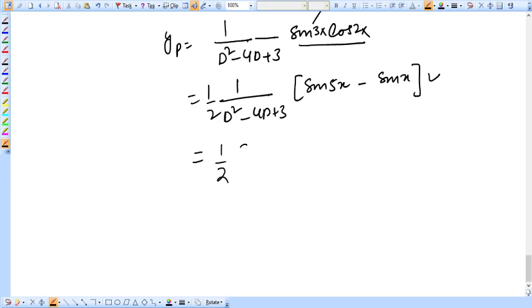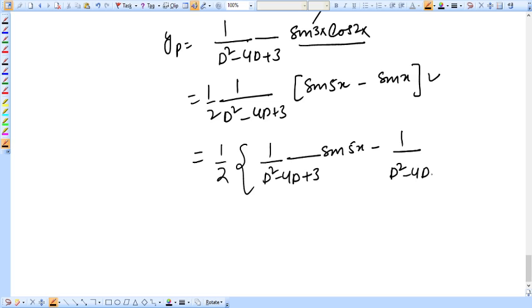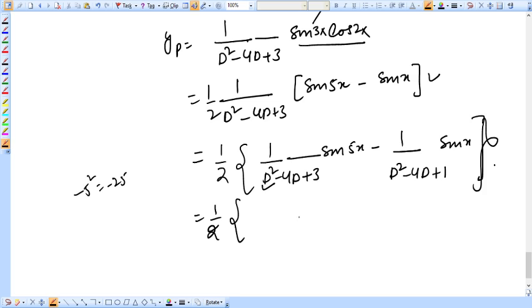Okay, so now it can be written as 1 over d square minus 4d plus 3 sin 5x minus 1 over d square minus 4d plus 1 sin x, with 1 by 2 outside. So now you see we can replace d square by minus 5 square, which is equal to minus 25, right?